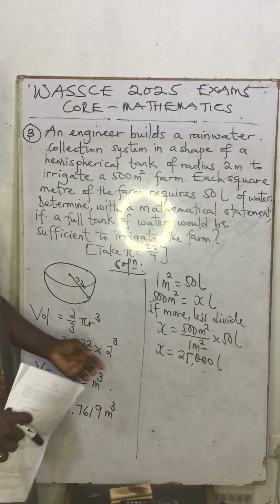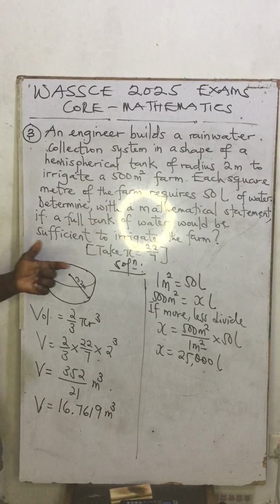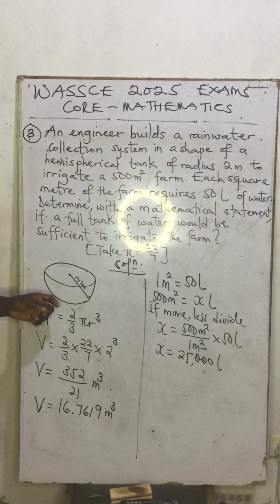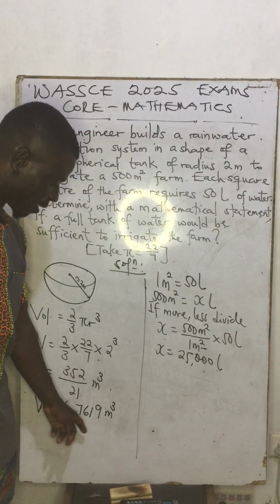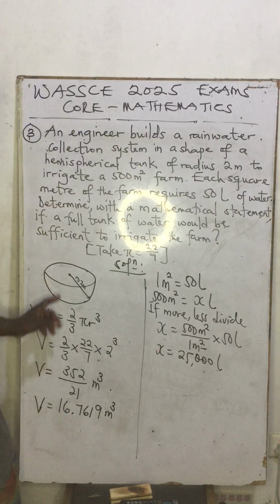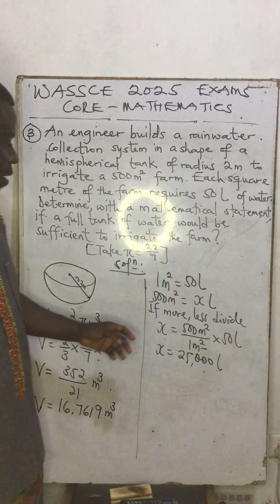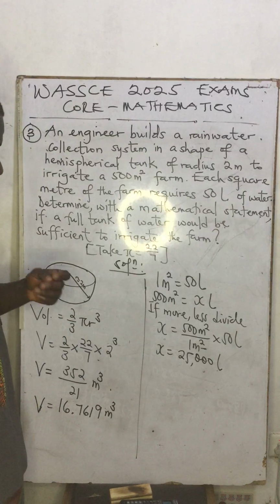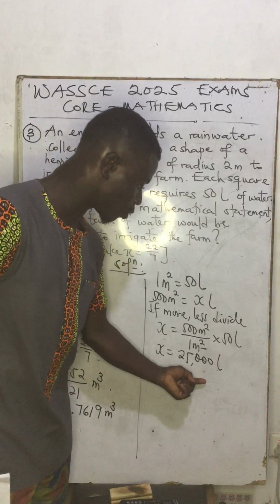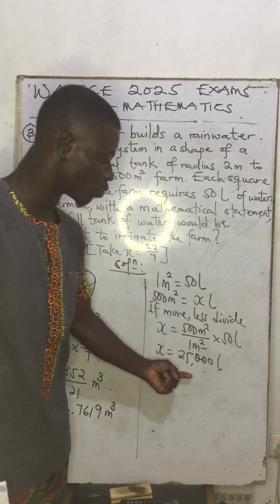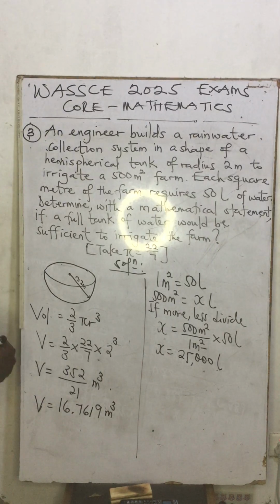Now let's see whether the volume of this hemisphere, 16.7619 meter cube, can be used to irrigate this farm, because the volume of water required is 25,000 liters. Now let's change the meter cube to liters.